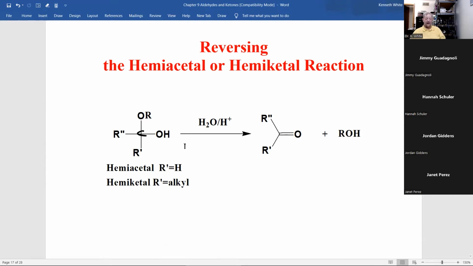And I'm going to rewrite it on my whiteboard. And that's reversing of the hemi-acetal, hemi-ketal, or you could also call it acid hydrolysis, because you're reacting something with water and acid. And as I asked yesterday, where you are right now, where can you find that fast acid and water? And the answer is your stomach. So let's take a look at this.